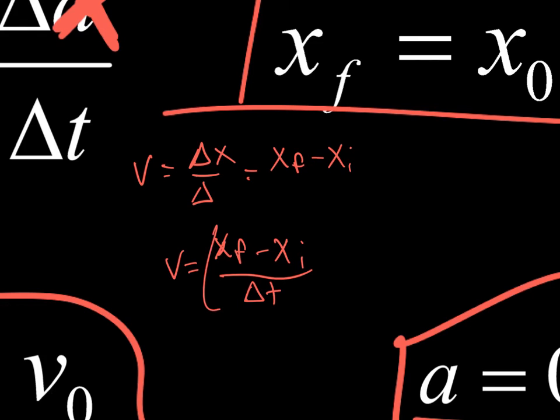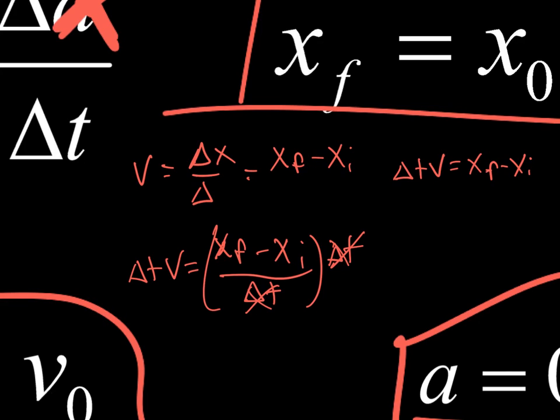So I'm going to rearrange this a little bit. I'm going to multiply delta t by both sides. So they're going to cancel out over here. And this is our first derivation. And when we derive formulas, we're simply getting a new formula from an old formula. We're rearranging it algebraically. We might combine 2 or 3 formulas together to get one formula to find what we want. So then I have delta t times v equals xf minus xi.